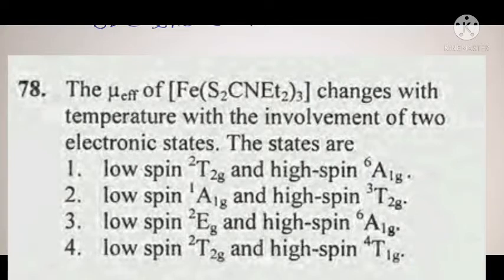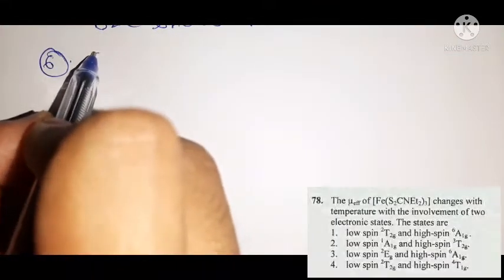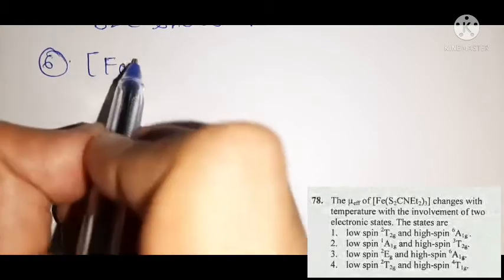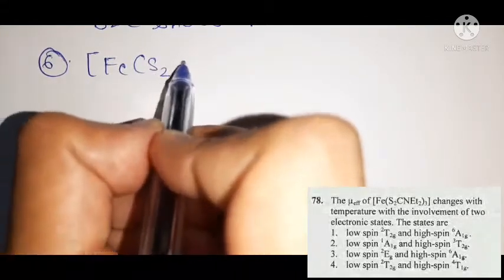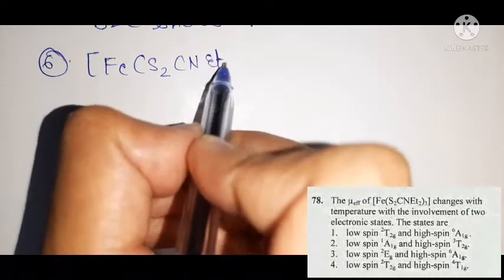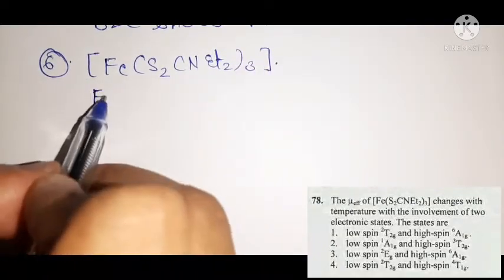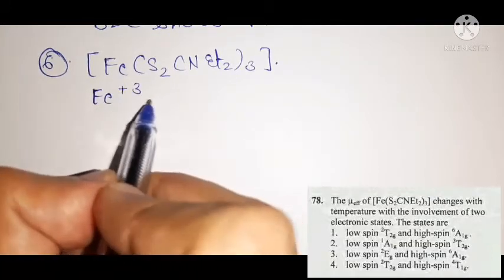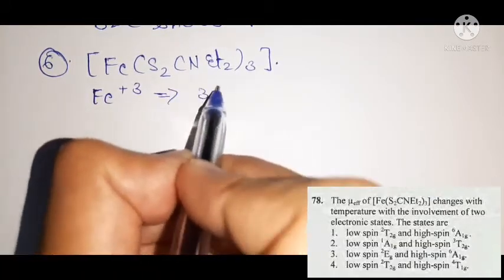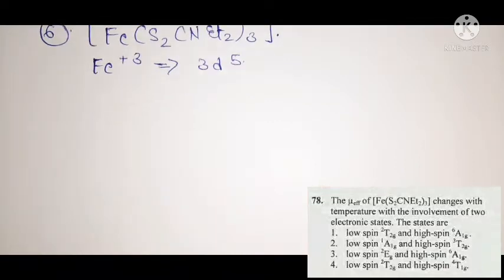That means it is also related to your part C. So let's do the solution of this question. So we have this complex in this question. So in this question, the iron is present in +3 oxidation state, and for iron +3, its electronic configuration is 3d5.